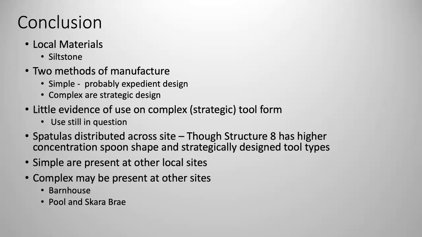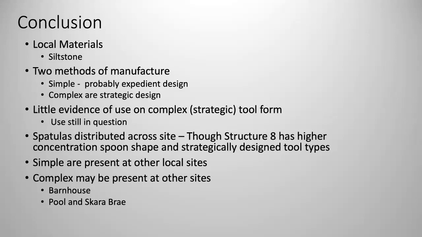At the Ness of Brodgar, spatulas are distributed across the site, though Structure 8 has a higher concentration of not only the spoon shape, but also strategically designed tool types. There are definitely the simple or expediently designed tools at other sites in the region.